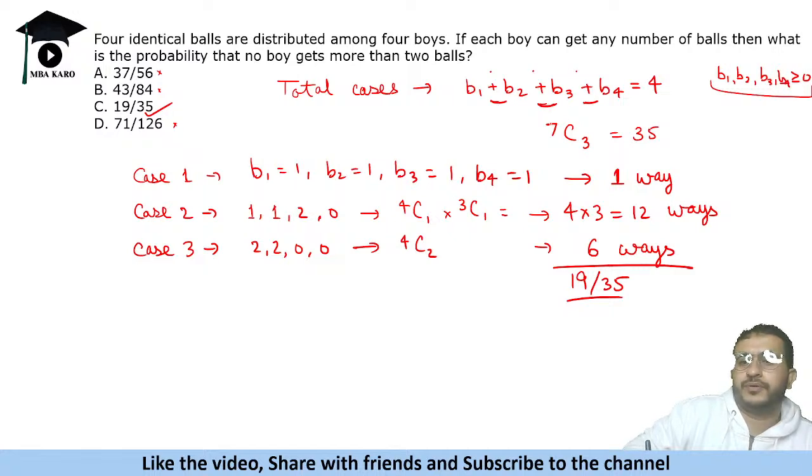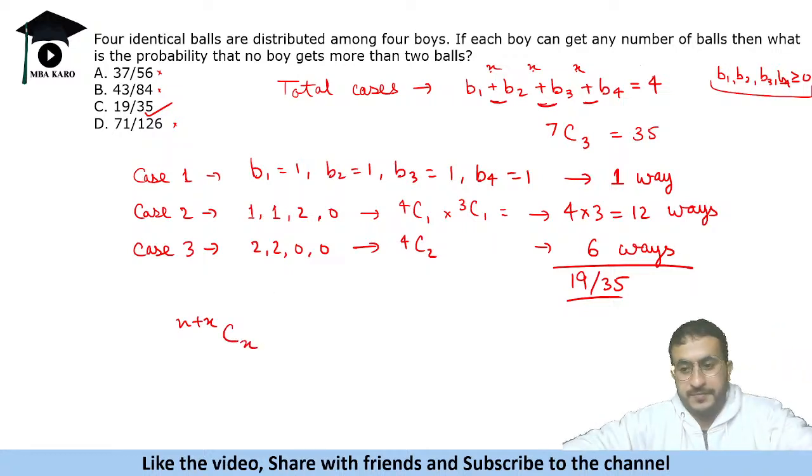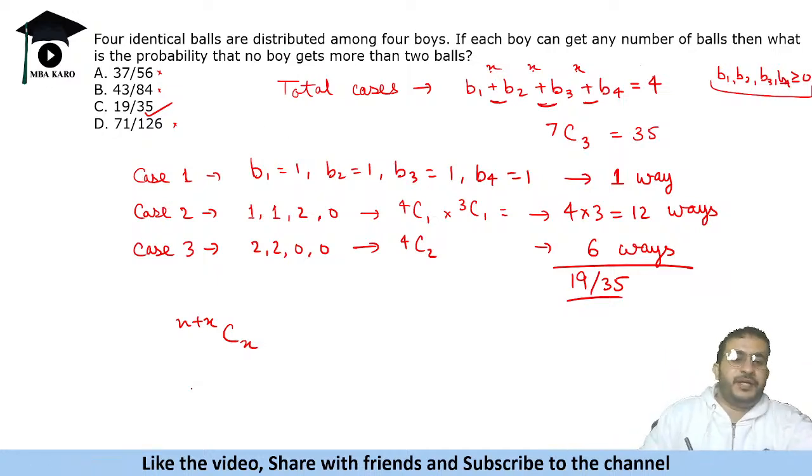So it becomes 7. Add to 4. So let's say there are x number of sum signs, so it becomes n plus x C x, so 7C3.